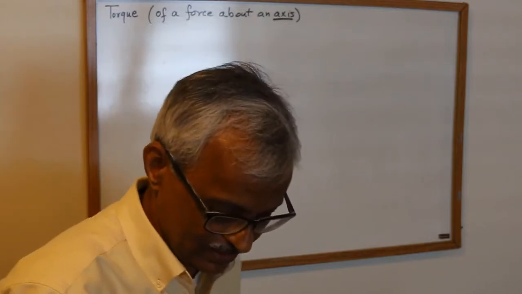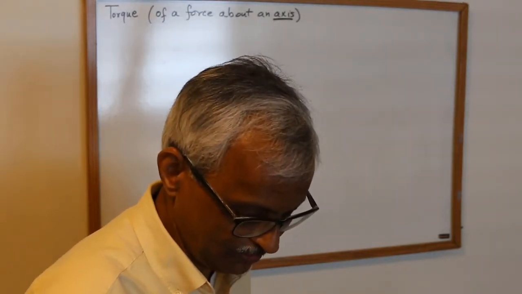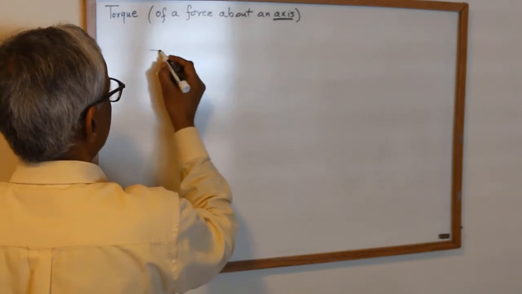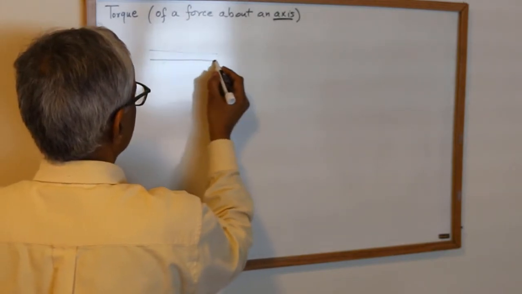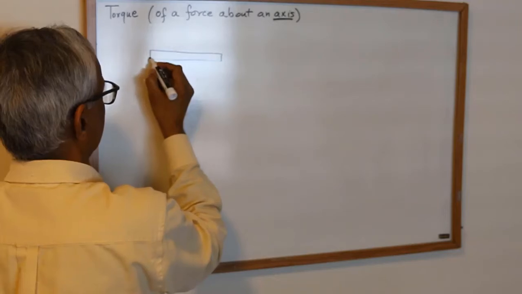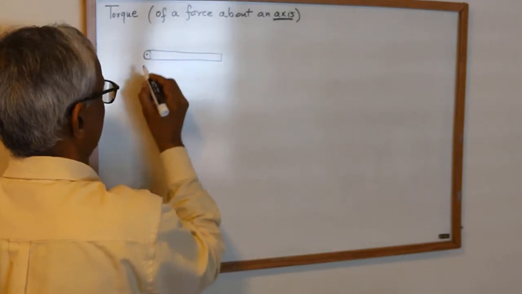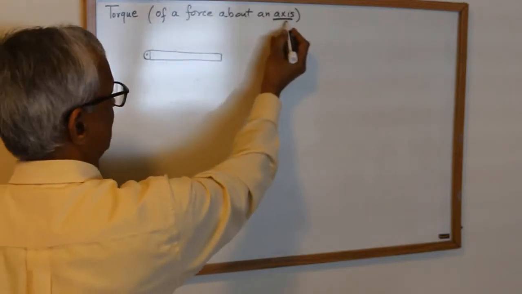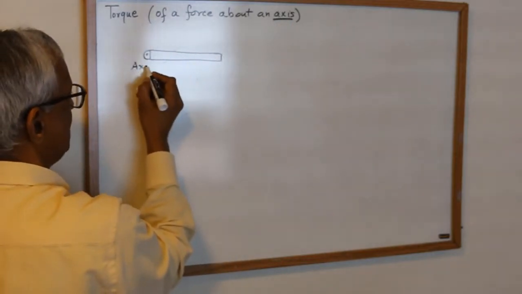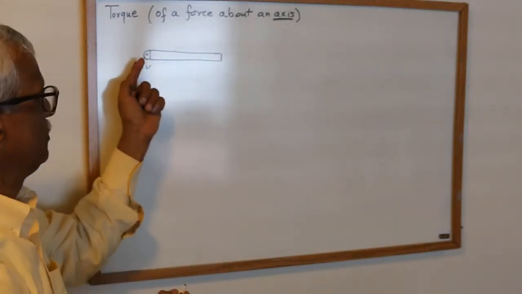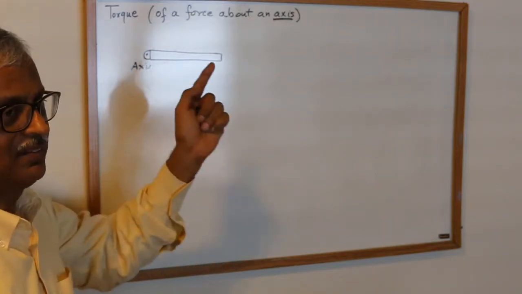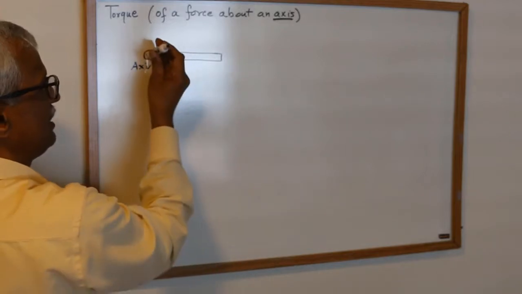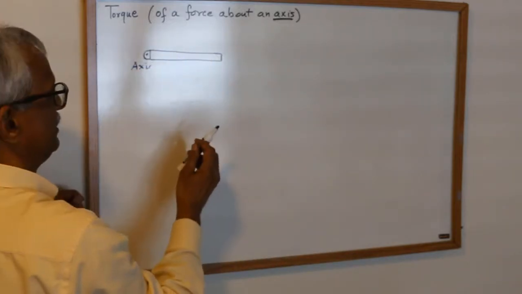And so let me write down a definition of the torque. Here is something I'm trying to rotate about, so the axis is very important. This notation means the axis is coming out of the board, an imaginary line coming out like that.